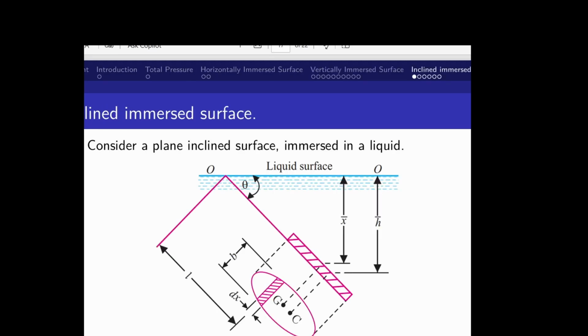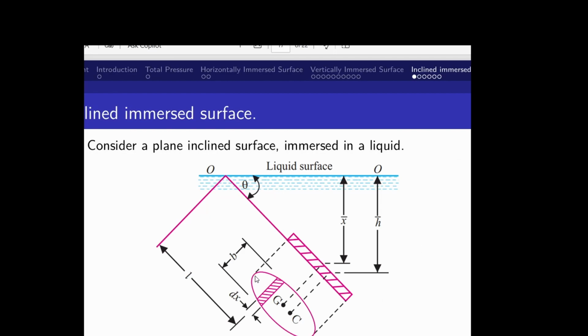Okay. So remember, this lesson has only 2 things: the pressure and the point at which the pressure is acting. Now let's look at inclined objects, when an object is immersed in a liquid at an angle.